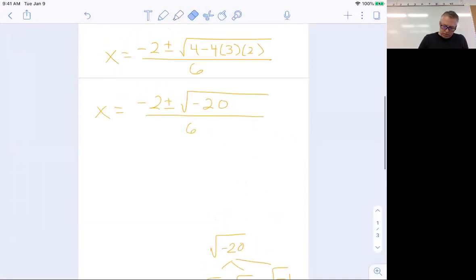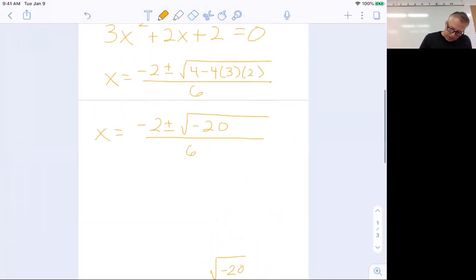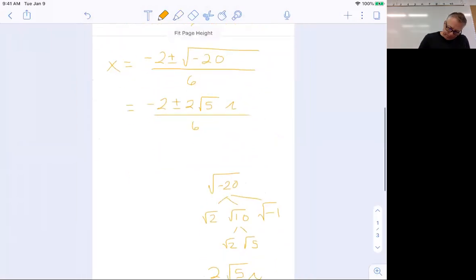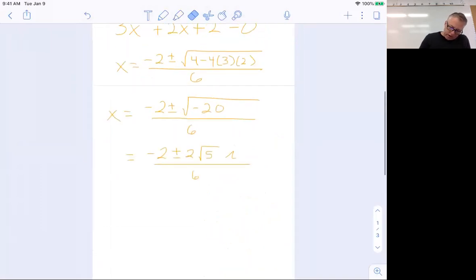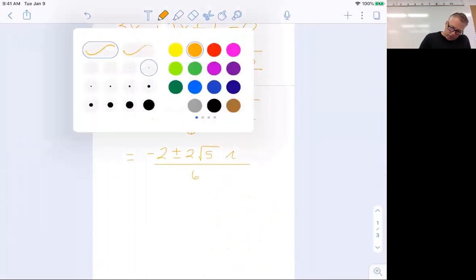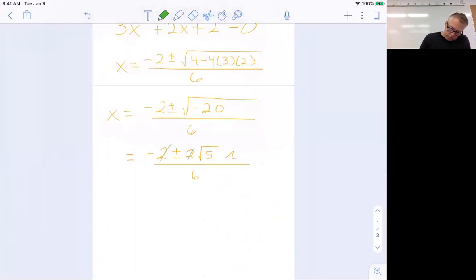So I'm going to go back up here, and I'm going to say, all right, I have negative 2 plus or minus 2 root 5 i all over 6. I have to get rid of this junk because I'm running out of space. Then I can divide all of these by 2.